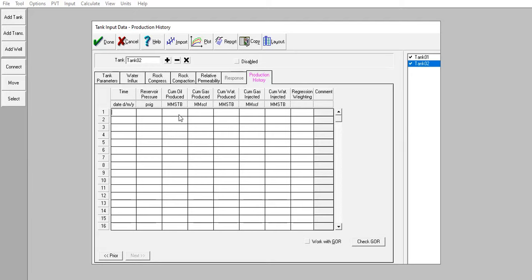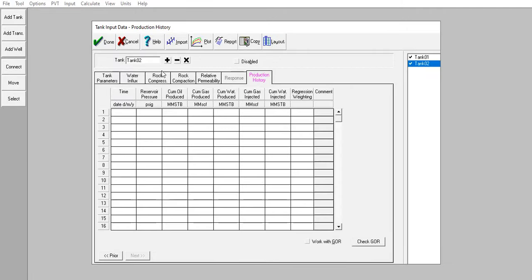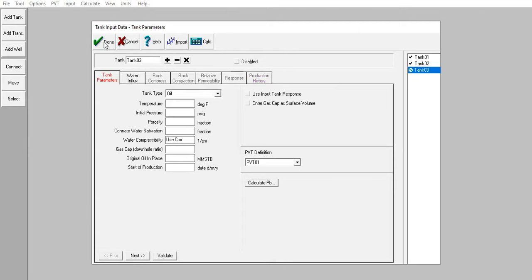And then we can go to the third tank, click done. All right. Or go back to tank 2 and add one tank, tank 3. All right, click done, or we can input the data now. Actually, the values are the same.